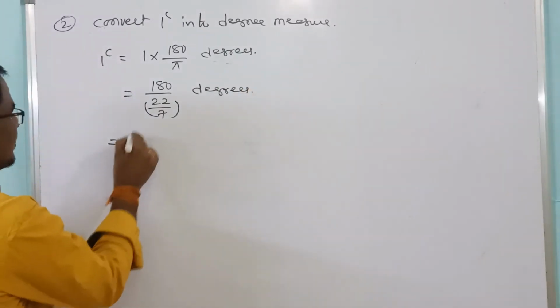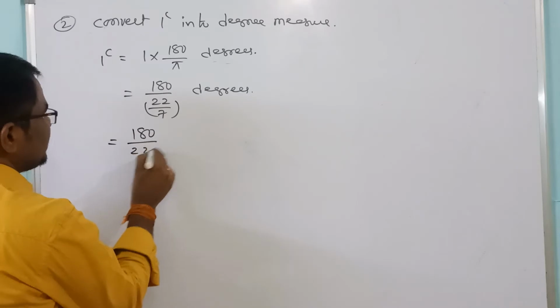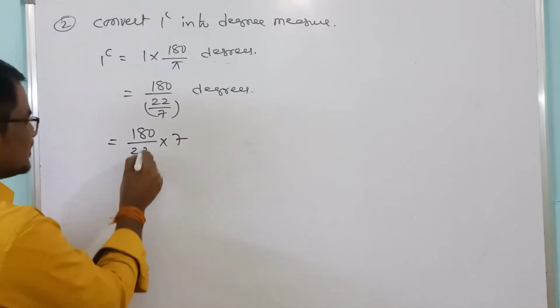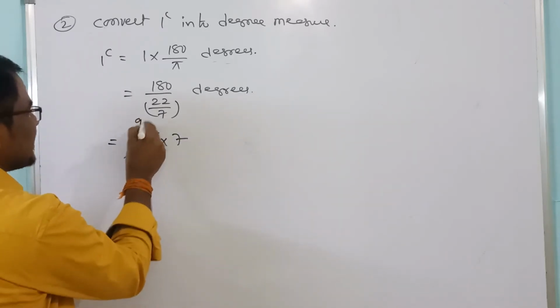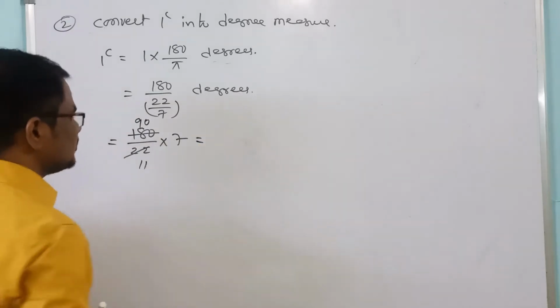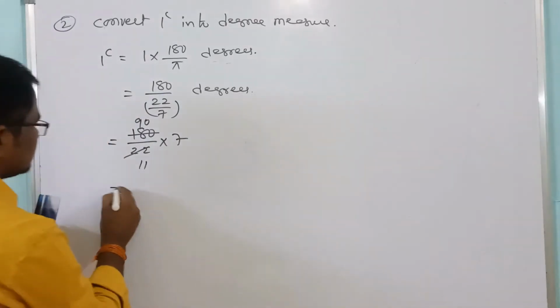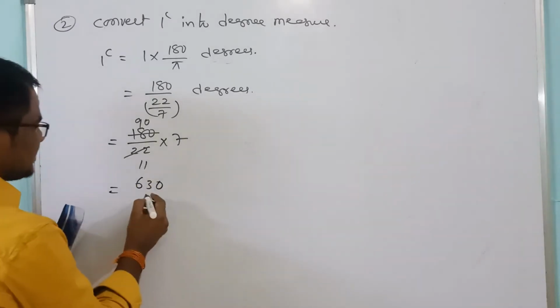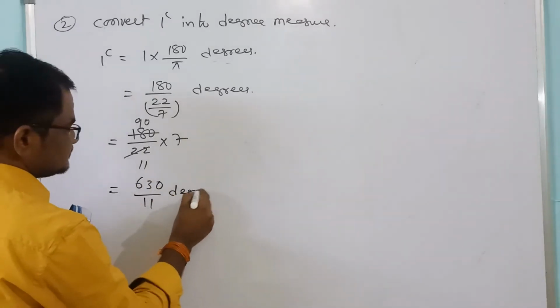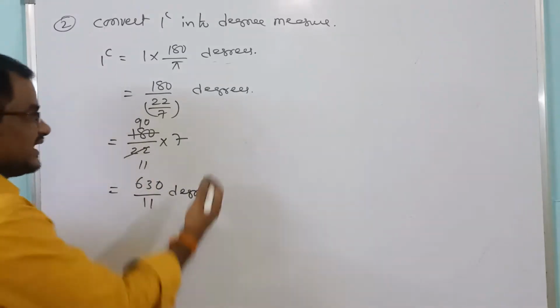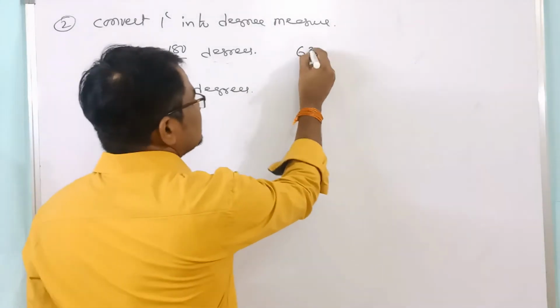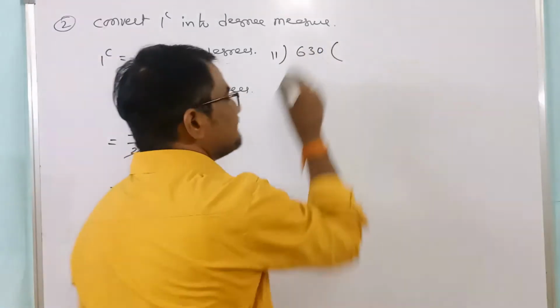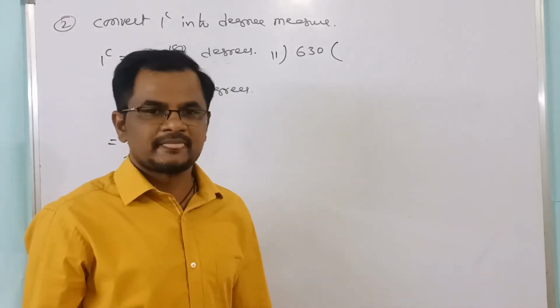Next, 180 by 22 into 7, so this is 211, 290, that is equal to 630 by 11 degrees. Now if you want to simplify like this, divide 630 by 11, right?